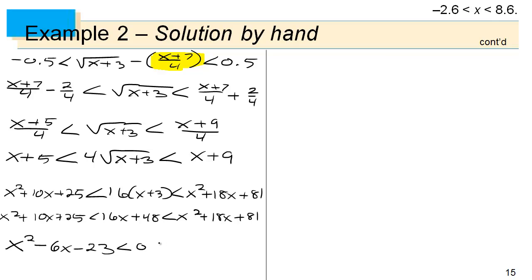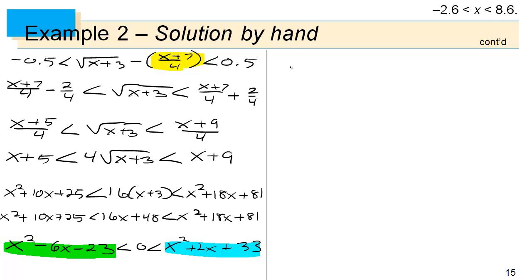This is less than 0, is less than, and when we do the same thing on the other side, we have x squared, 18 minus 16 is plus 2x, and then 81 minus 48 is plus 33. Okay, so now you can see we have two different quadratics, green and blue, both being related to 0.